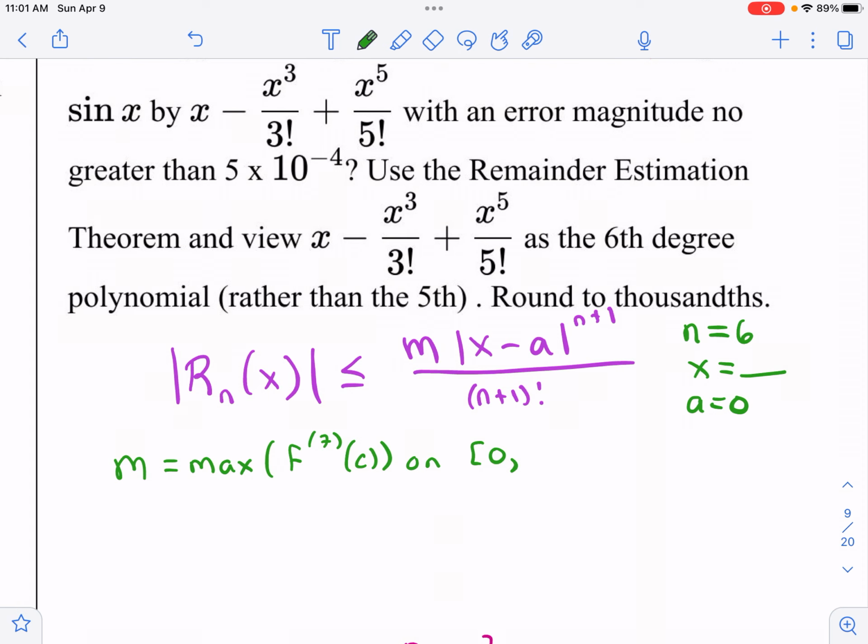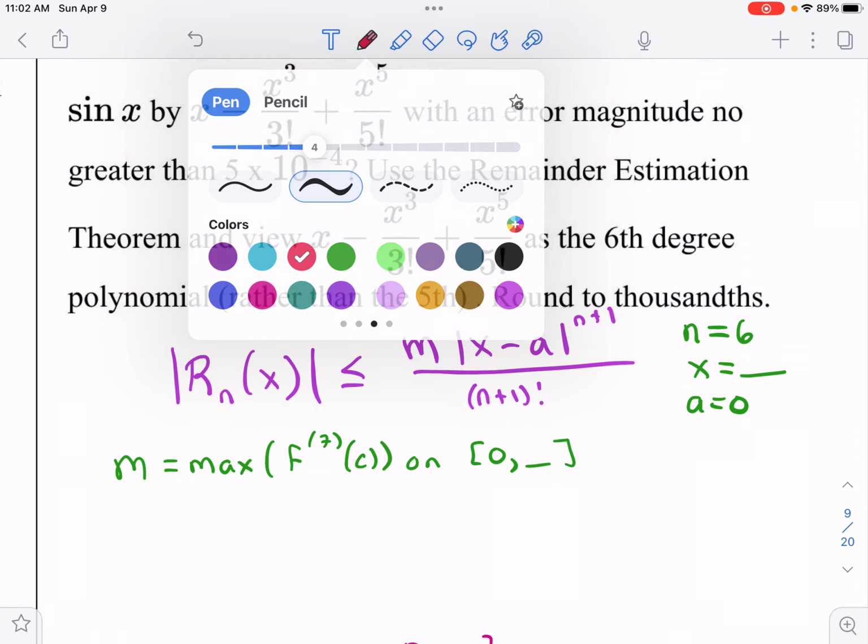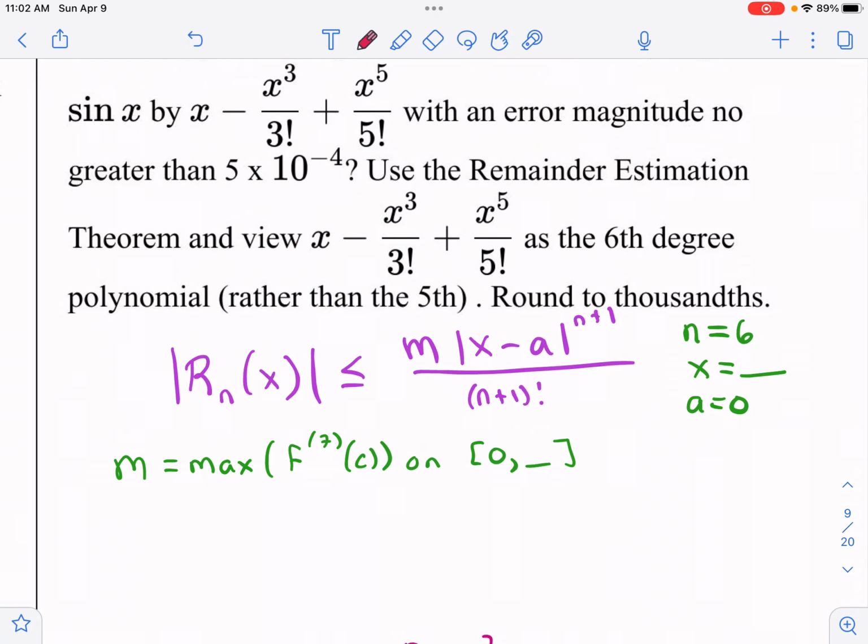We don't have a particular value where we're doing our approximation, but the more important thing is let's just find the 7th derivative of sine. Do that pretty quickly. Sine is the 0th derivative. The first is cosine. The second is negative sine. The third is negative cosine. The fourth is sine.